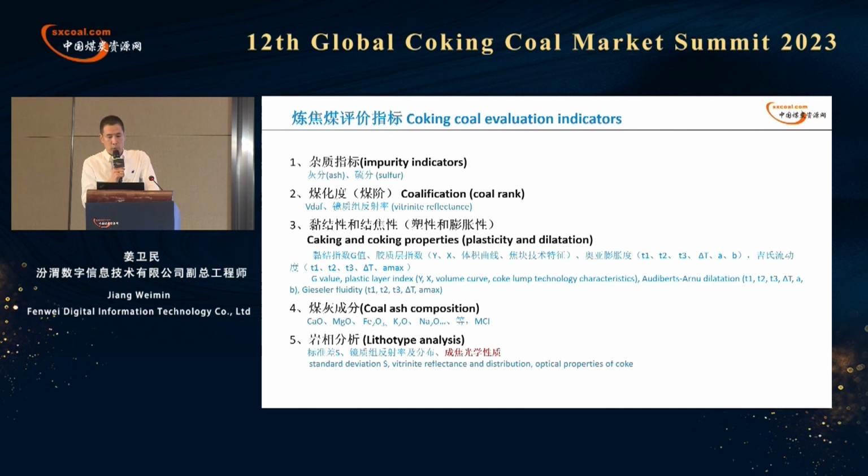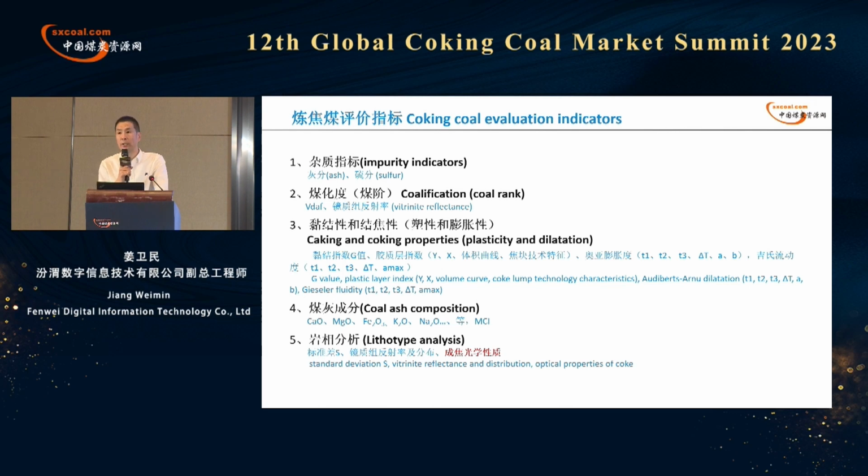The first slide is about coking coal evaluation indicators. Here are some of the major indicators that we, as coal blenders, use every day. Some of them are used more frequently, some less.